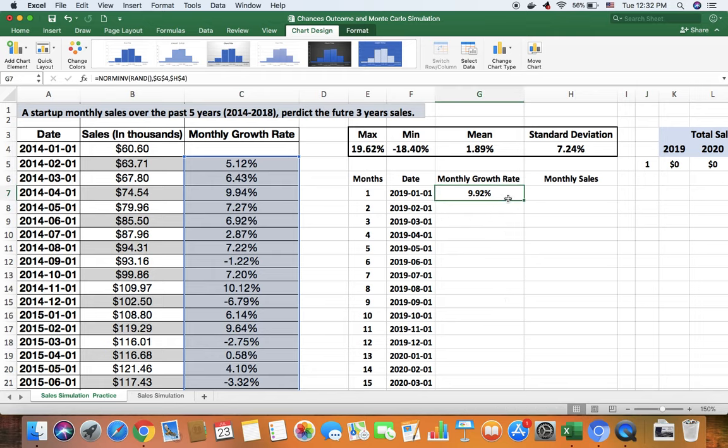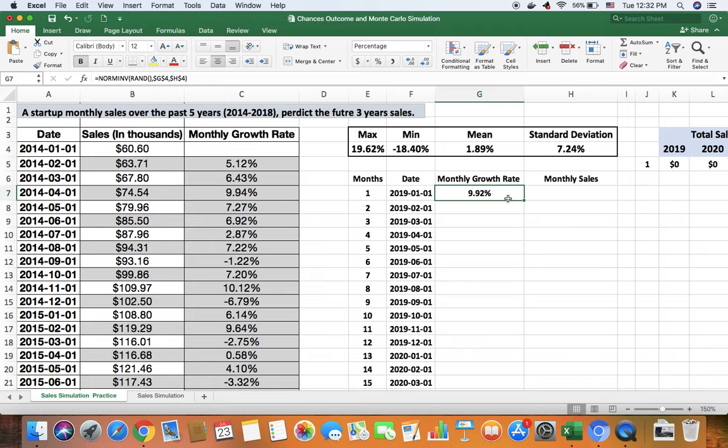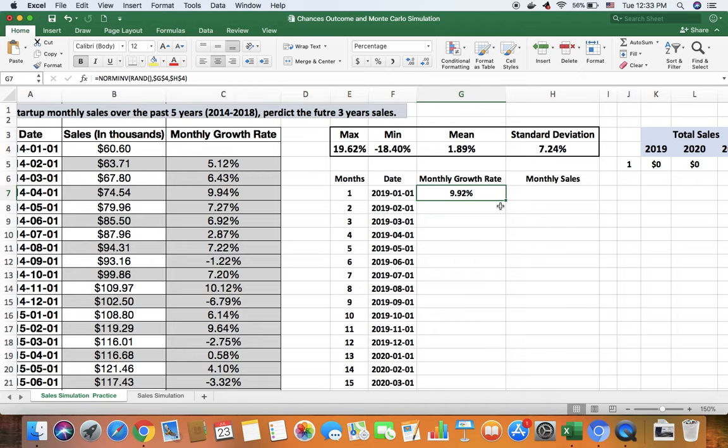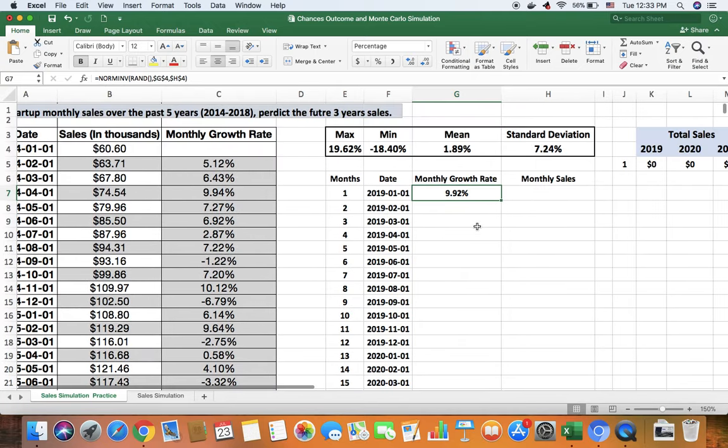Now, our task here is to generate the growth rates that follow a normal distribution. How to do it? Use this formula. This formula is going to generate a growth rate that follows a normal distribution for us.